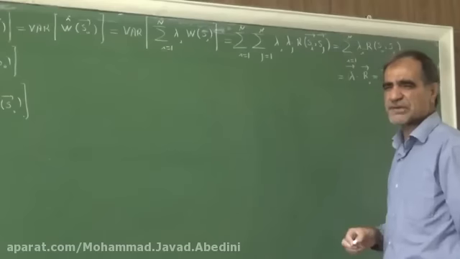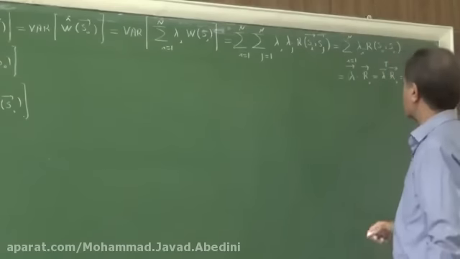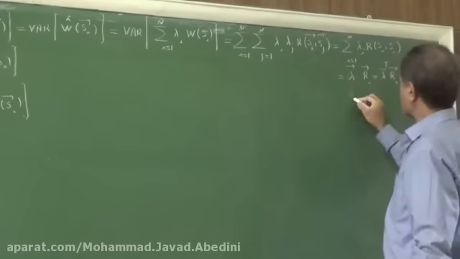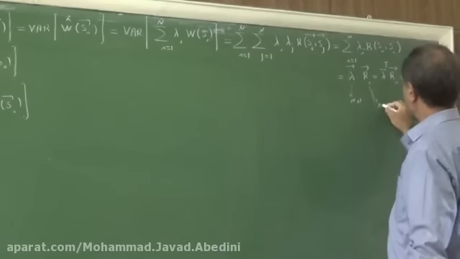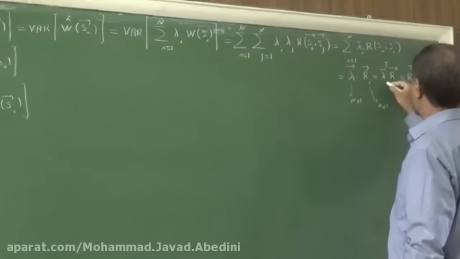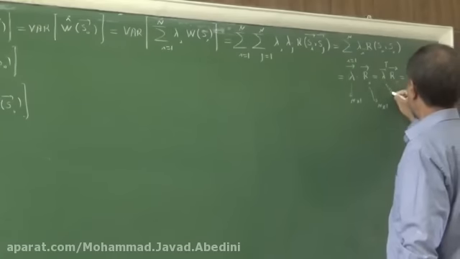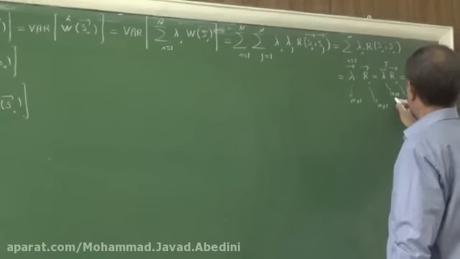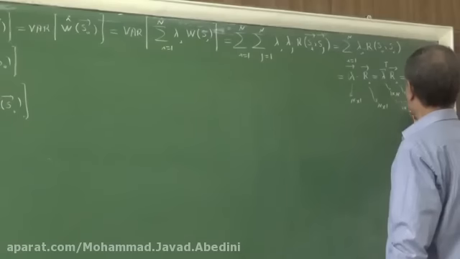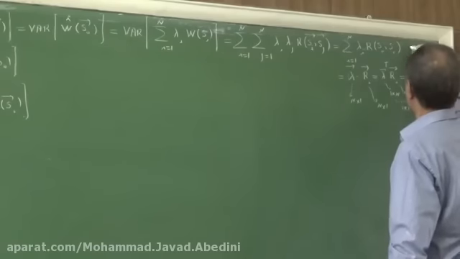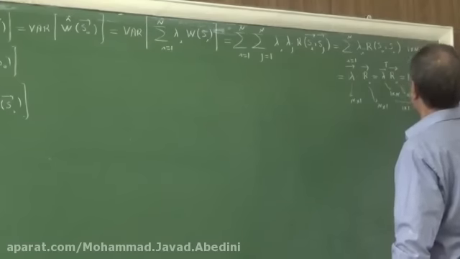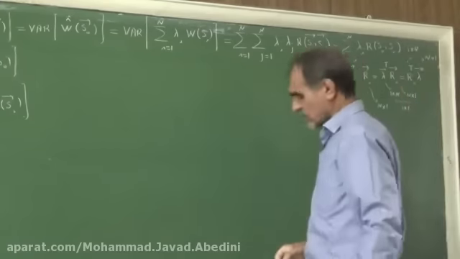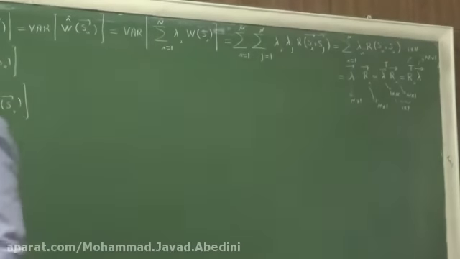It has to be a number. This lambda is n by 1. This r is n by 1. And then if you transpose this, it will become 1 by n. This is n by 1. It will become 1 by 1. Here, this r is 1 by n. This is n by 1. Then you multiply them to become 1 by 1, a single number.